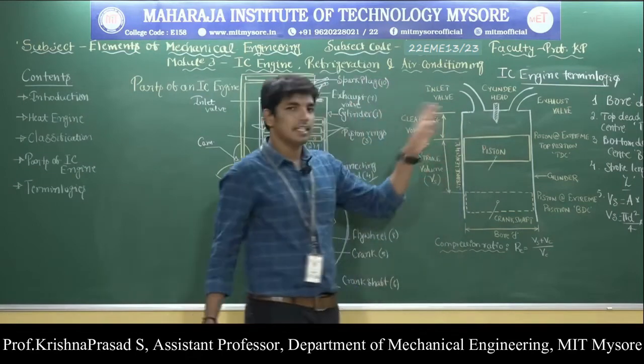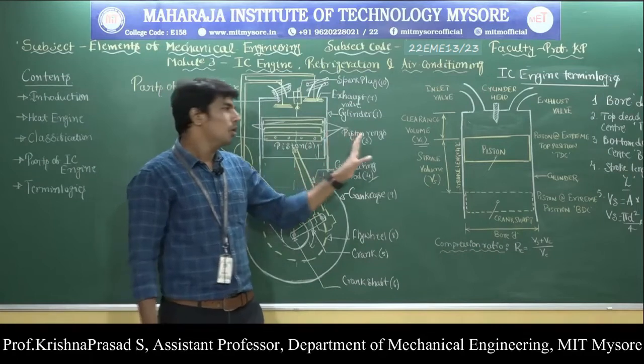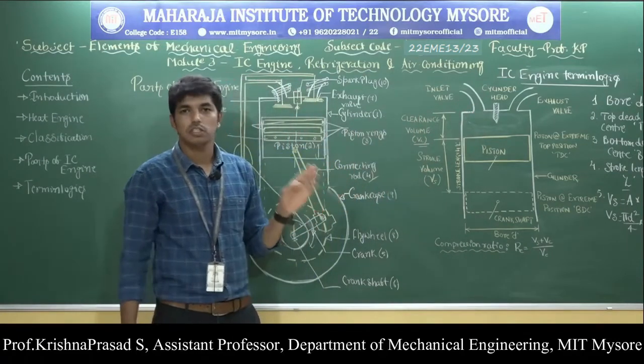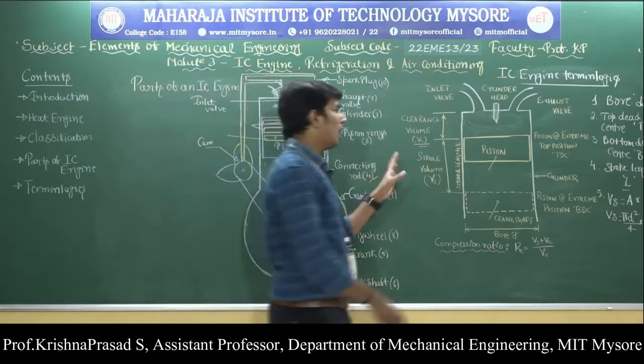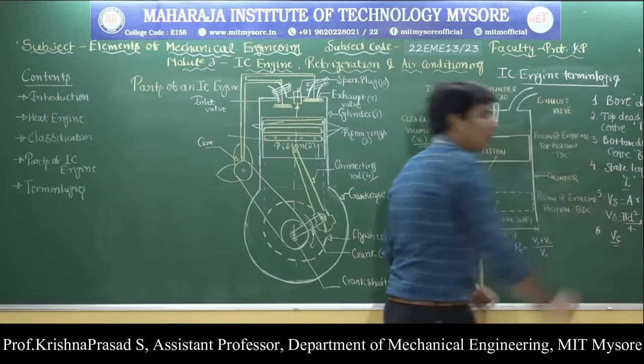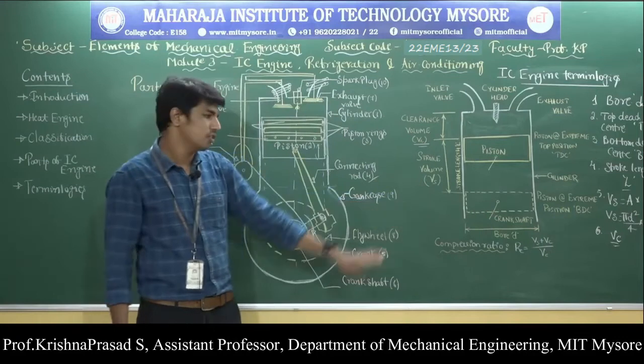So this is called the clearance volume. It is usually denoted by Vc, capital V suffix C, which indicates the clearance volume.